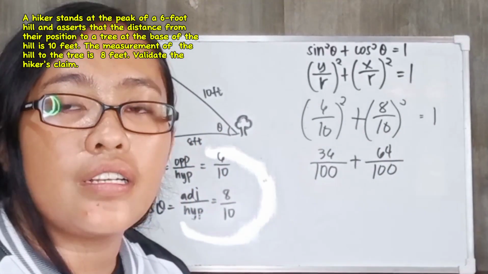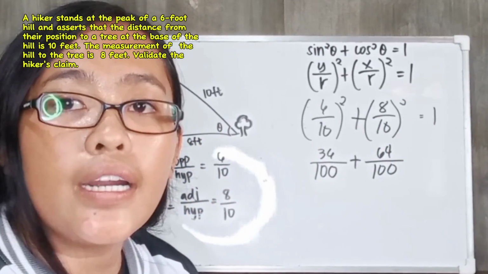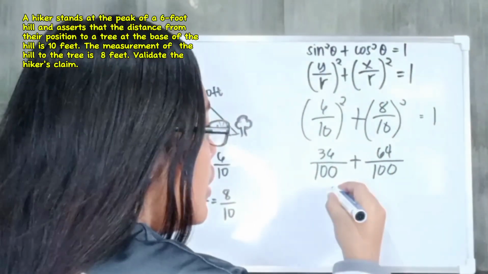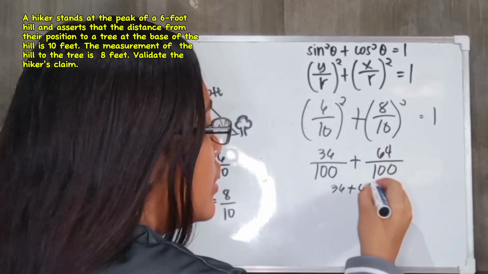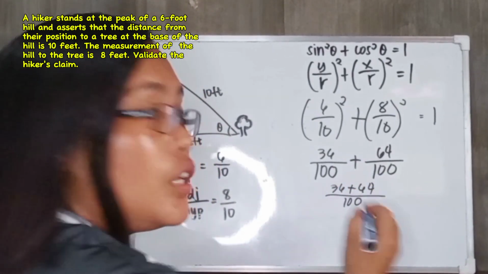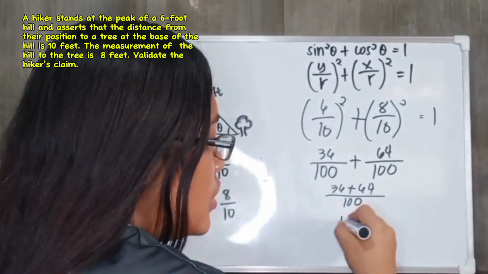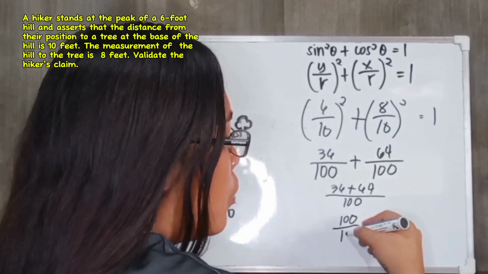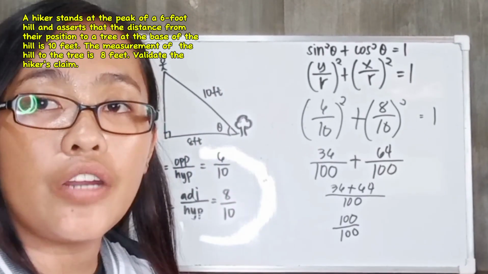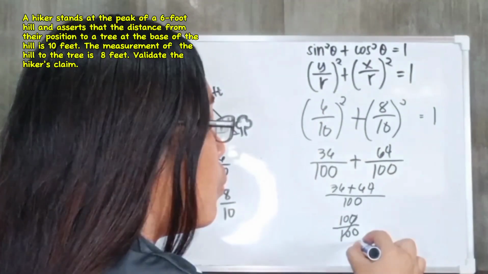Since they have the same denominator, let us now directly add the numerators. So 36 plus 64 over 100, and 36 plus 64 is equal to 100. So 100 over 100 is equal to 1.